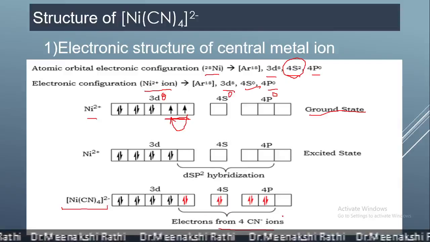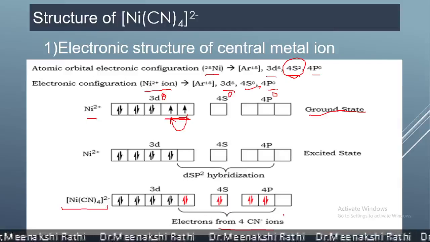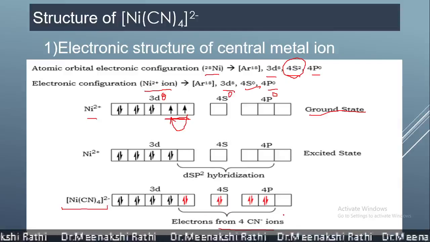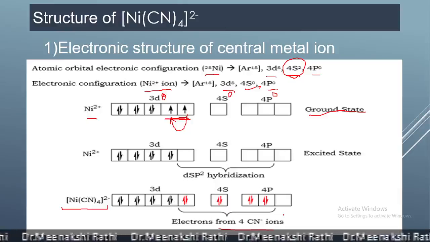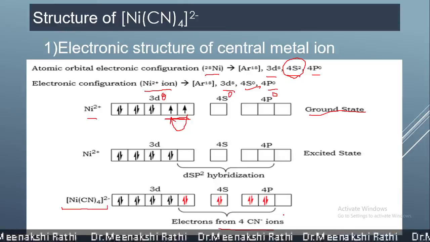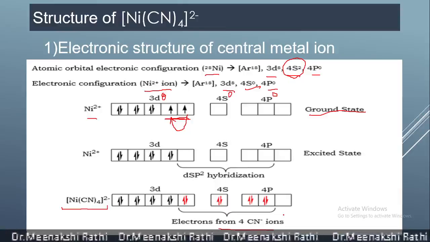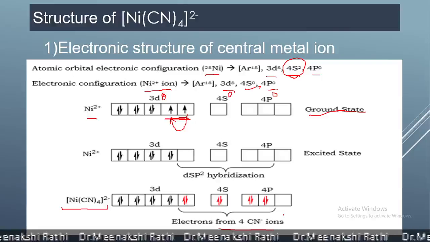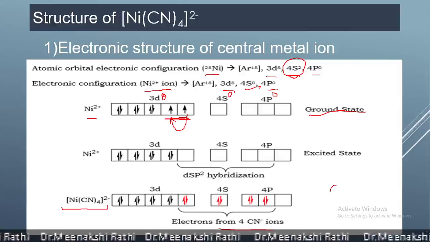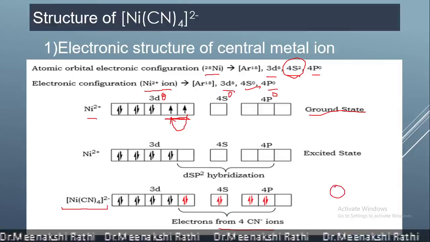Here from the box diagram you can find out that tetracyanonickelate has no unpaired electron. It means it is diamagnetic in nature and has 0 unpaired electrons.